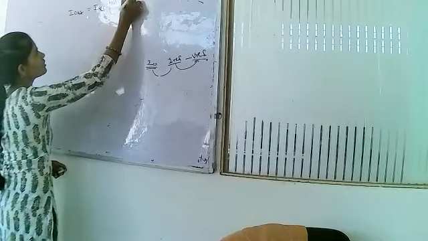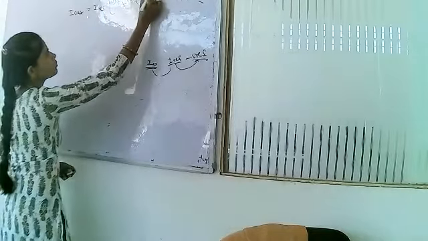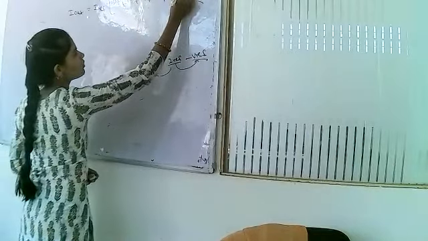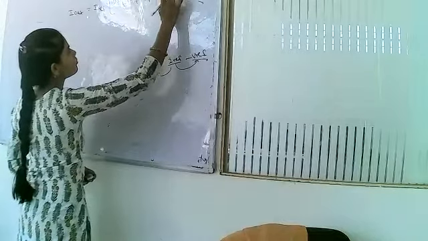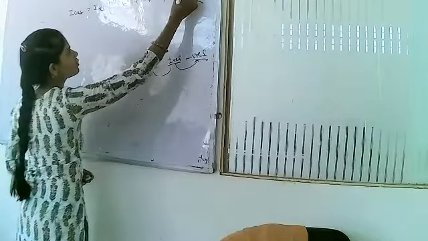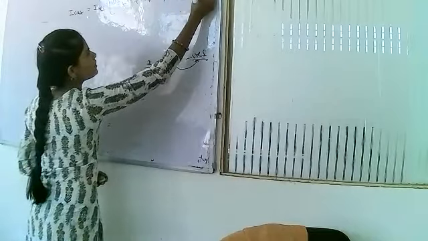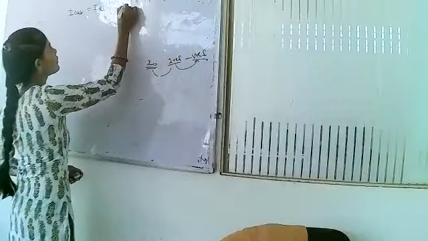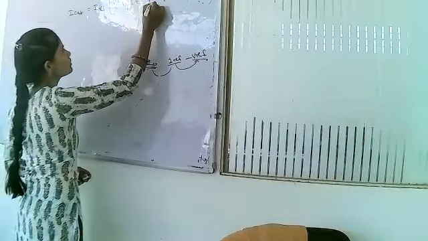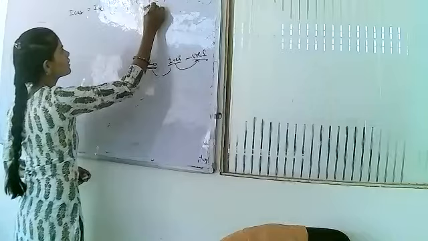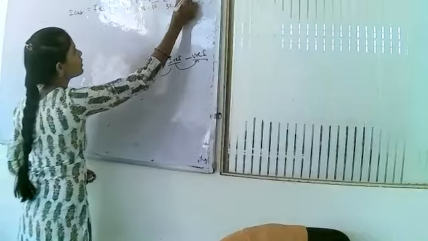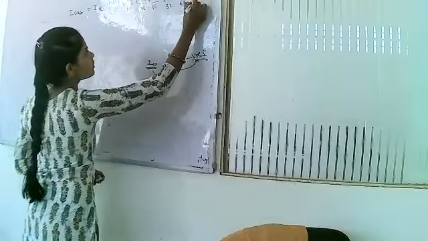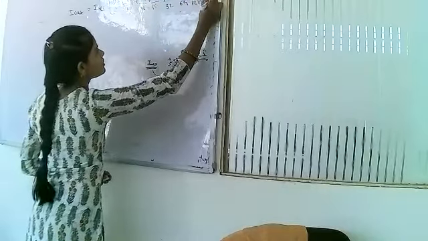times D7, D6, D5 up to D0, that is bits 7, 6, 5, 4, 3, 2, 1 and 0, divided by 2, 4, 8, 16, 32, 64, 128 and 256.